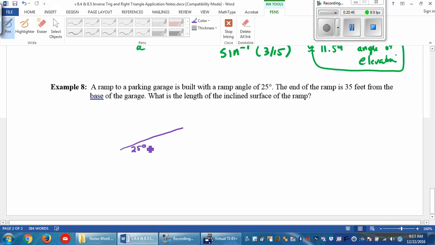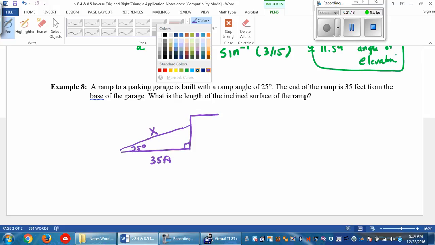The end of the ramp is 35 feet from the base of the garage. What is the length of the inclined surface of the ramp? So we need to know how long is that ramp itself, not how high up it goes.